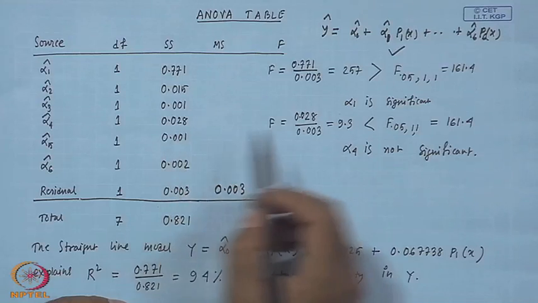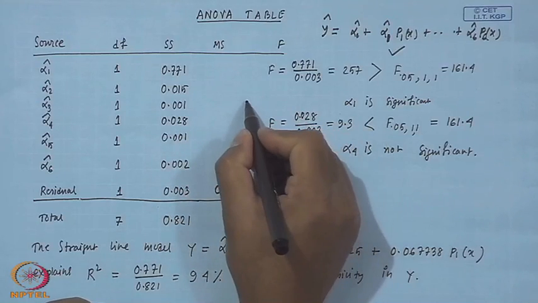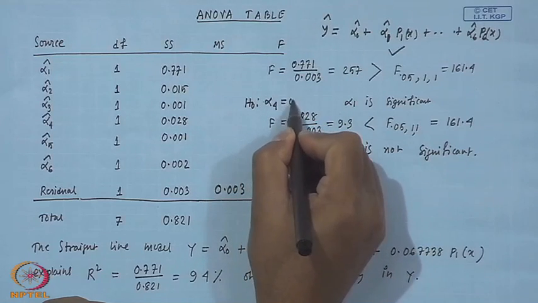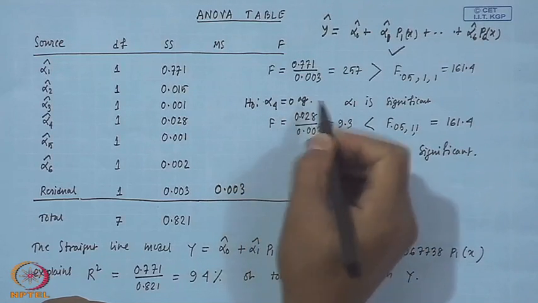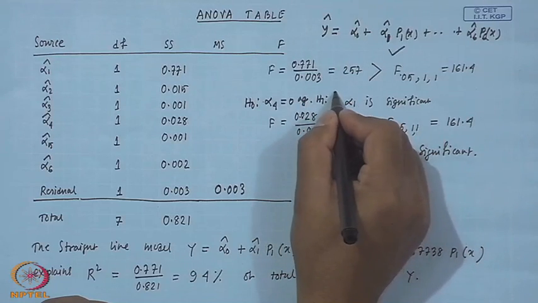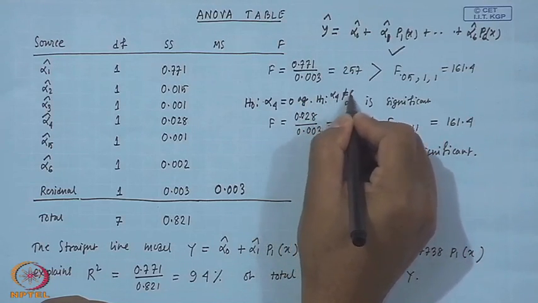So, that can be tested. What I am testing is this hypothesis H naught, that alpha 4 is equal to 0, against the alternative hypothesis H 1, that alpha 4 is not equal to 0.